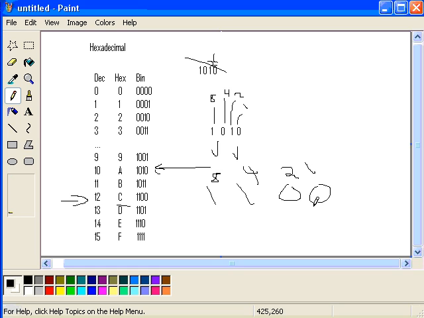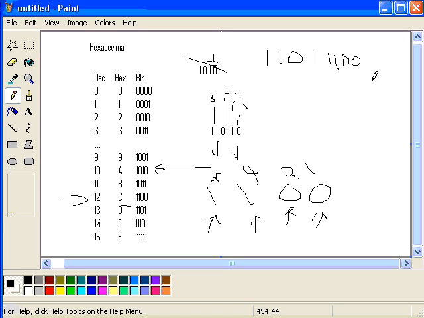Now remember, this is 2 to the 0, 2 to the 1, 2 to the second, and 2 to the third, all right? So it's 8, 9, 10, 11, 12. That works out.